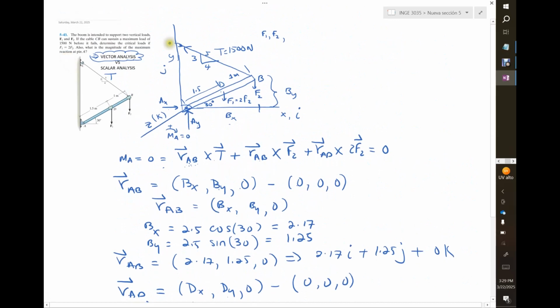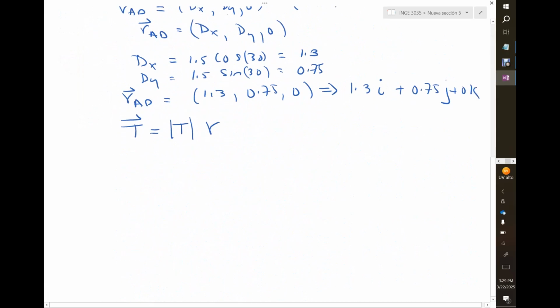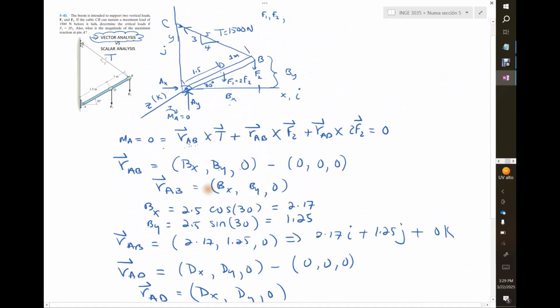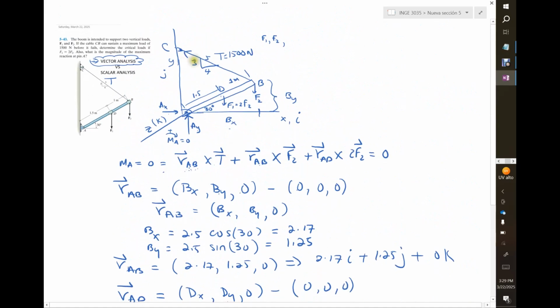That point is C. So we are going from B to C divided by the magnitude of BC. We can do that, and we're going to get an answer from doing this, but also it's very straightforward to understand based on this law, and I can do it right here, that T in vector notation, you can take it from here without getting the point, just because I happen to know what's happening with it.